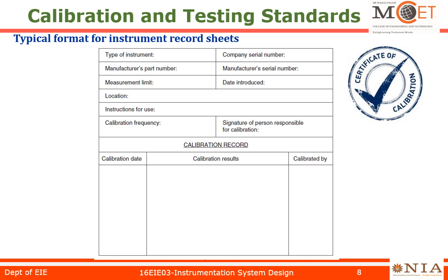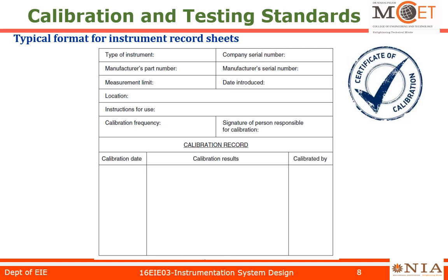That person needs to put the signature of the responsible person, and the sheet has to contain the calibration record, that is the calibration date. Next, the calibration result, and who calibrated. So all these things should be recorded.